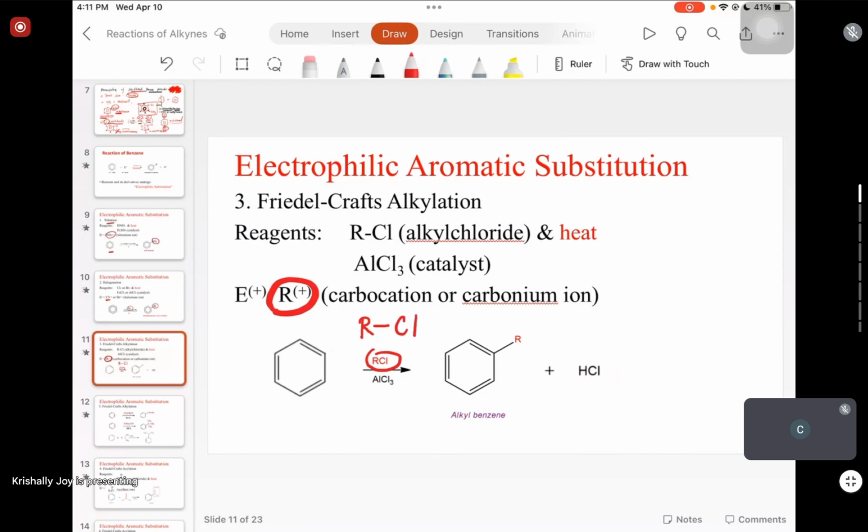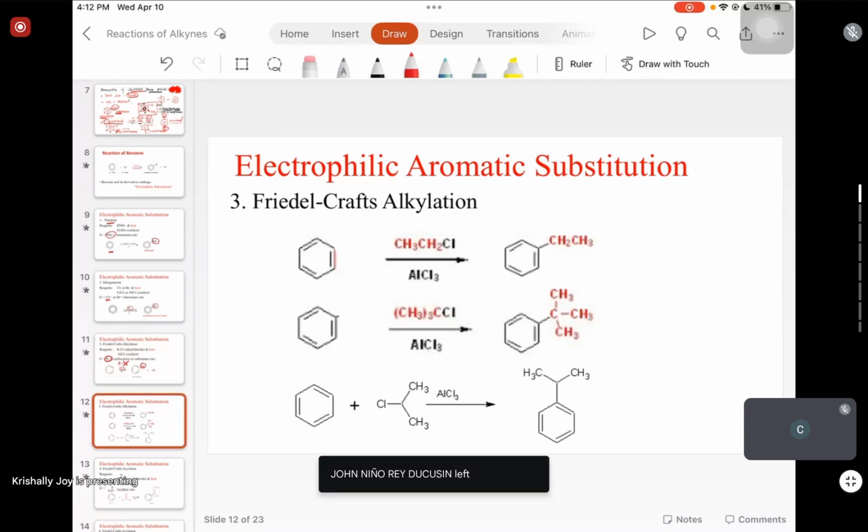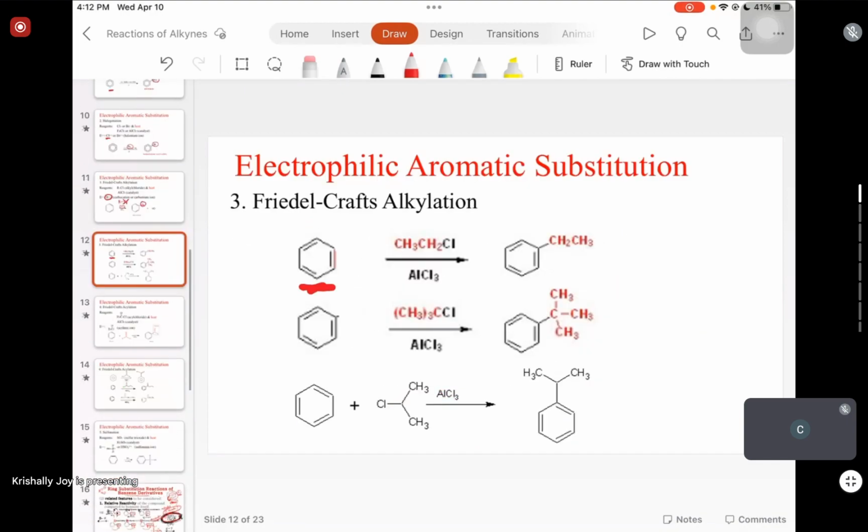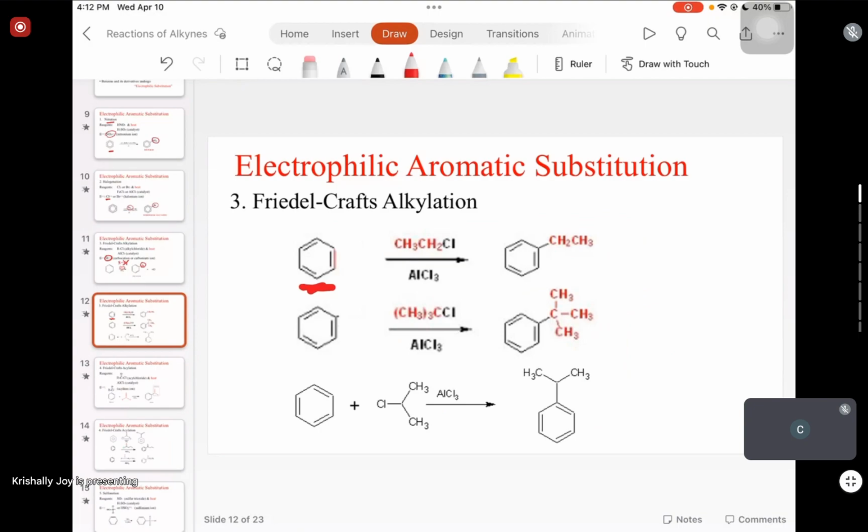For example, you have a benzene ring on the left side added with ethyl chloride.